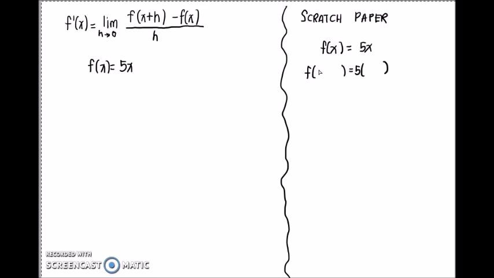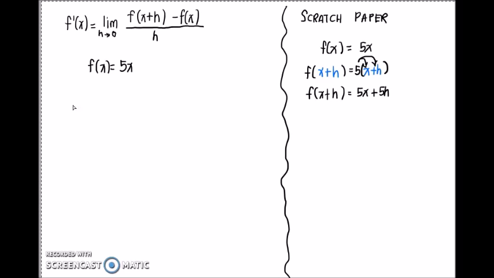So, papalitan natin yung x na to ng x plus h and another x na to with x plus h. Okay. Then, we have to simplify. So, simplify natin. F of x plus h is equal to, so distribute lang natin si 5. So, that is 5 times x, this becomes 5x. 5 times h, that is 5h.